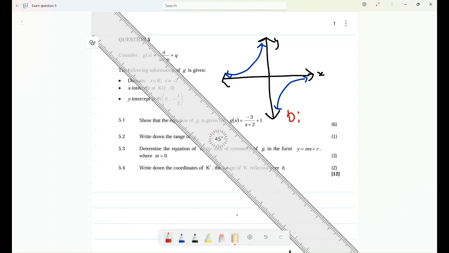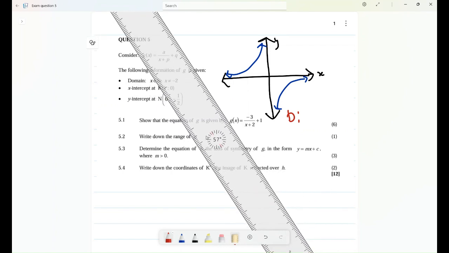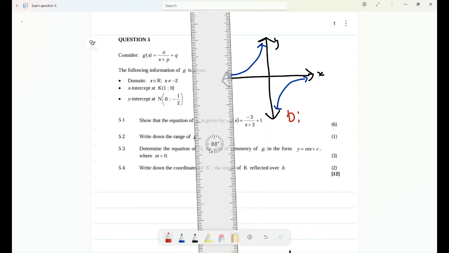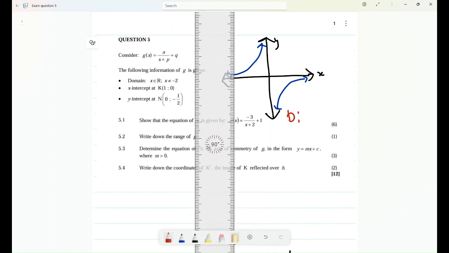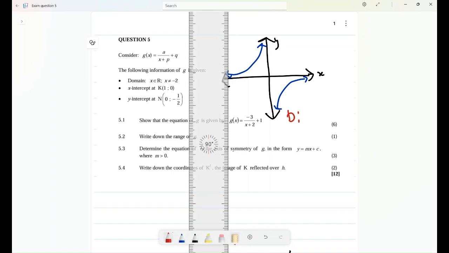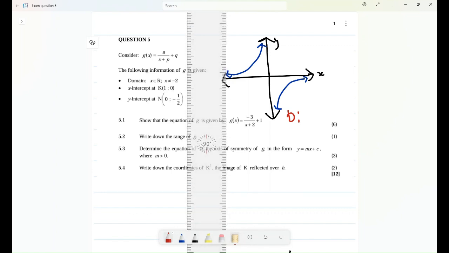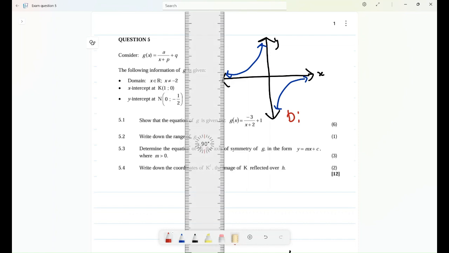I usually teach this with a ruler. Remember your ruler, you will straighten it again. I'm saying my domain is everything from the negative x, from the left hand side. From the left hand side, where can I get my function?